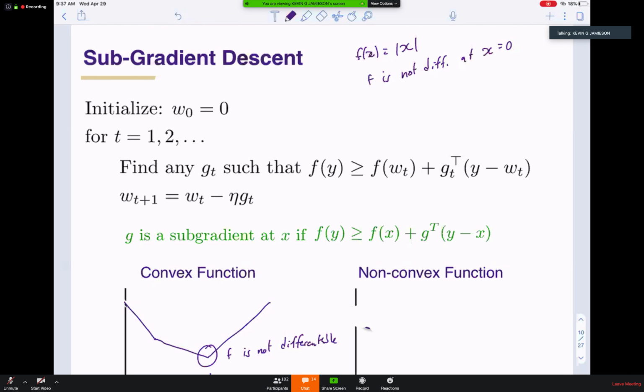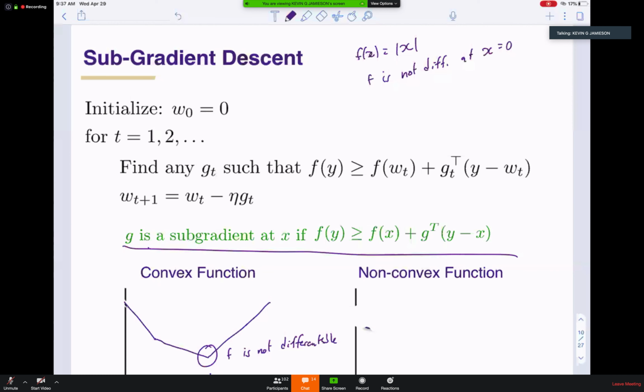But we can still do something called subgradient descent, where a subgradient is any vector g such that g is a subgradient at location x if f of y is greater than or equal to f of x plus g transpose times y minus x. Okay, if it just satisfies that.